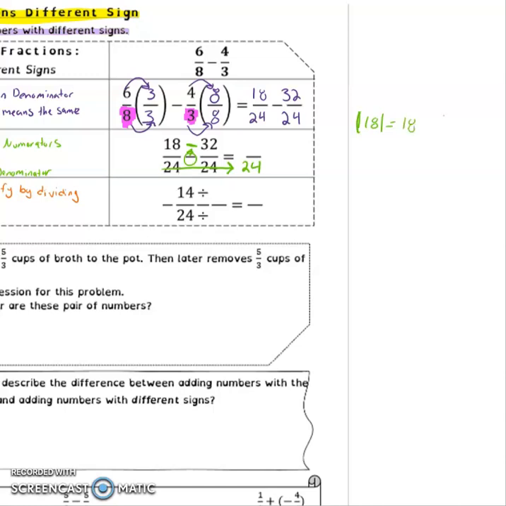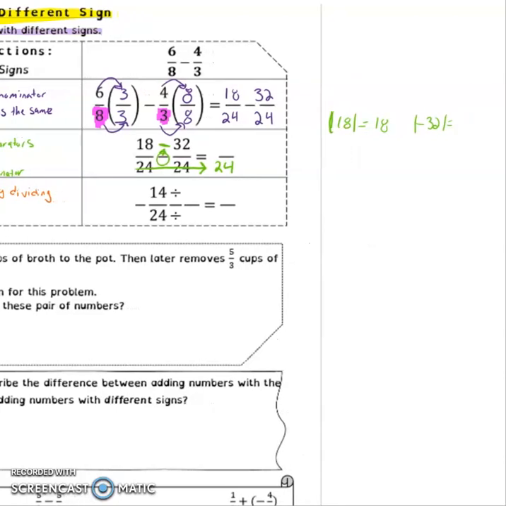And then the absolute value of negative 32, the distance from 0 to negative 32 is 32. And because they're different signs, it's subtraction. So I'm going to do 32 minus 18.